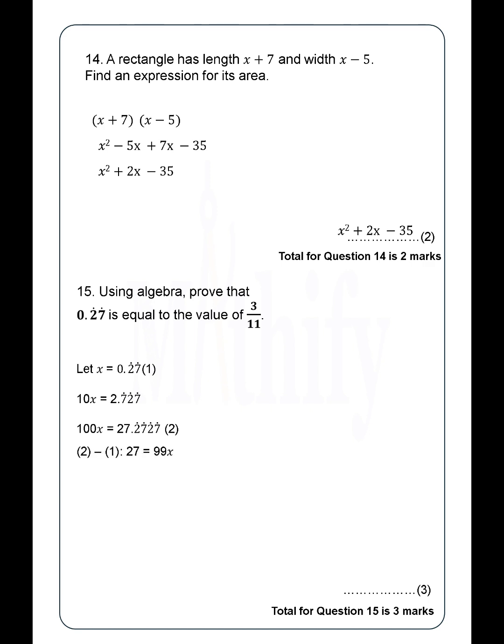So 27 is equal to 99x. To make x the subject, 27 divided by 99, that can be simplified to 3 out of 11 because 27 and 99 are both multiples of 9. Therefore, 0.27 recurring is equal to 3 out of 11.